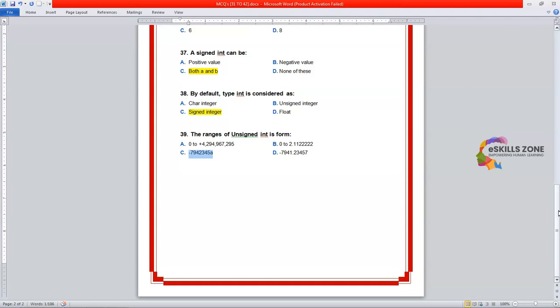Option C, 0 to plus minus 4294967295. Or option D, 0 to 429967295. Right answer is option A.